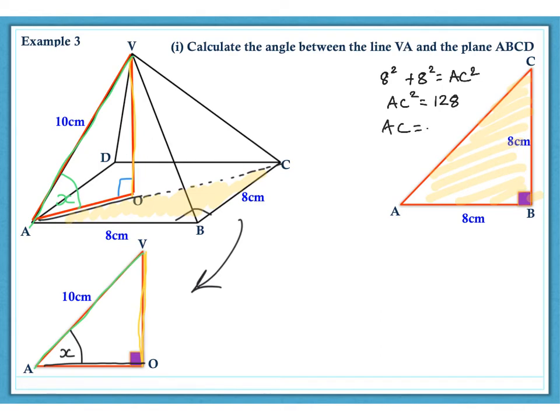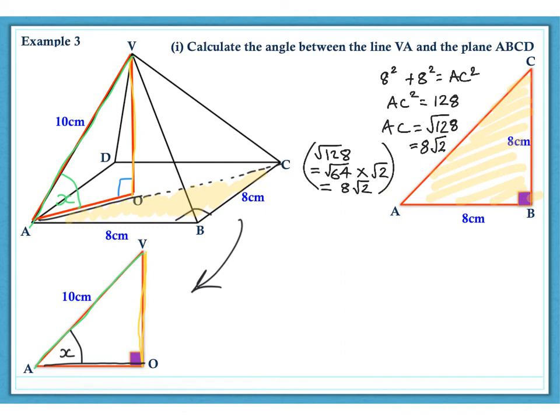AC equals the root of 128. Now, if you simplify that, you will find that comes to a value of 8 root 2. If you want to do that in full surd form, let's have a look. The root of 128 is the root of 64 multiplied by the root of 2, which is 8 root 2.